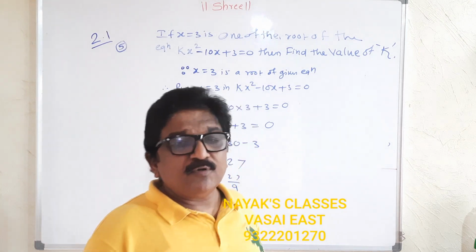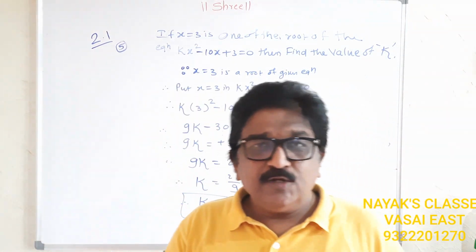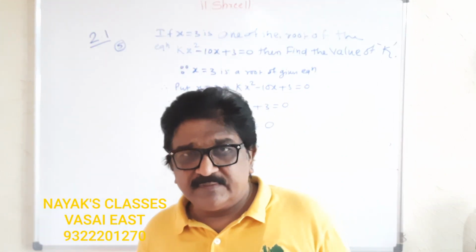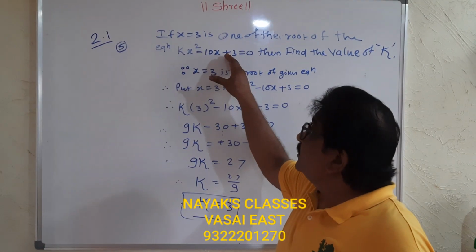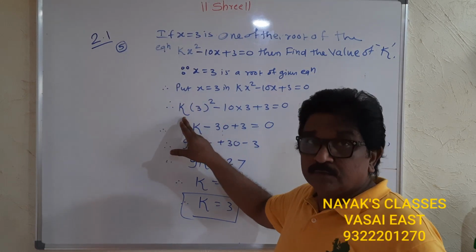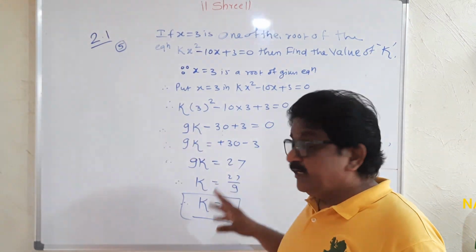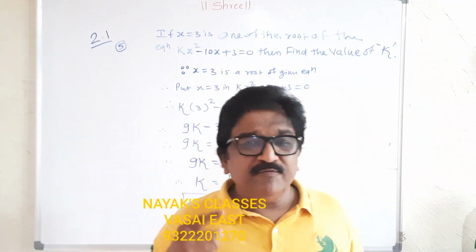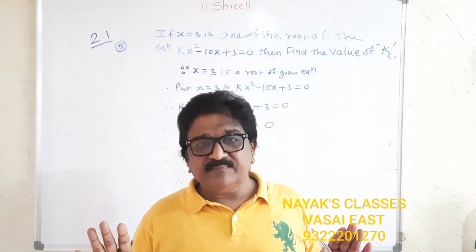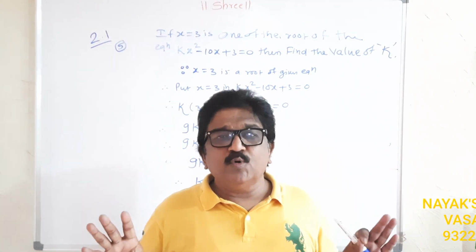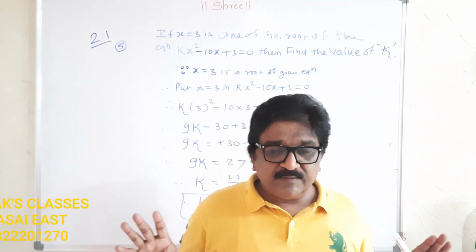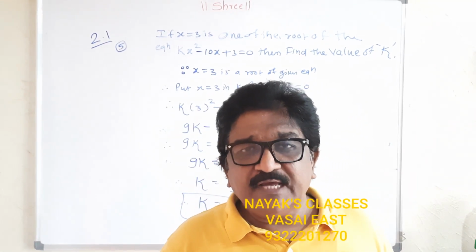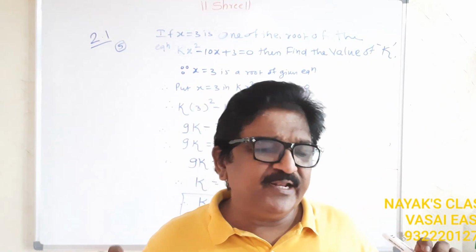This is the application of knowledge of roots. When you put the root given in the given equation, you get the value of the unknown. It's very simple. I guarantee this type of example is fixed in board exams as well as school exams.